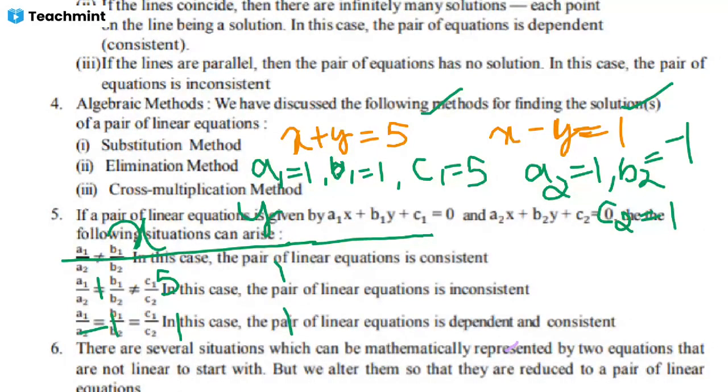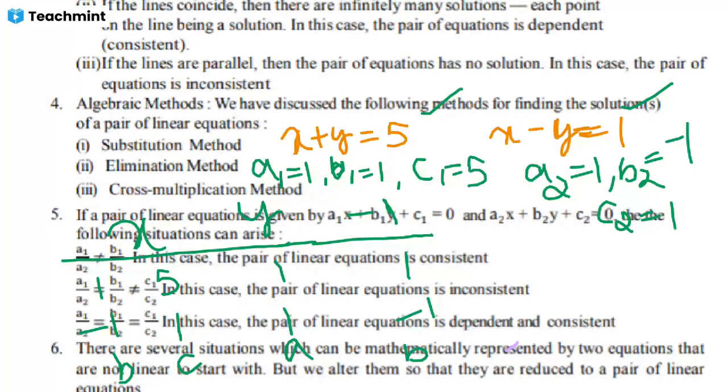So when you take C1 on RHS, you should write it with a minus sign. So this is B1, B2, this is C1, C2, this is A1, A2, again you get B1, B2. So B1 is 1, B2 is minus 1.